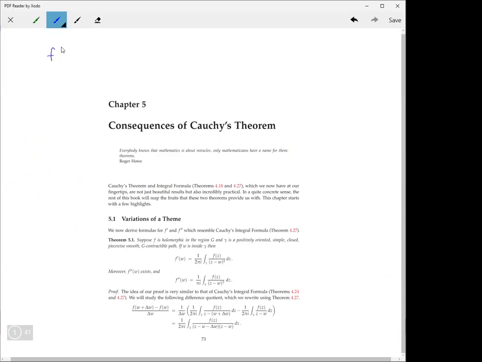And that's f of w equals 1 over 2 pi i times the integral over gamma of f of z over z minus w dz.